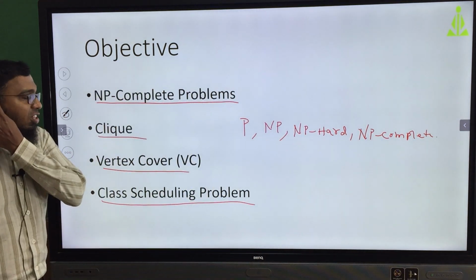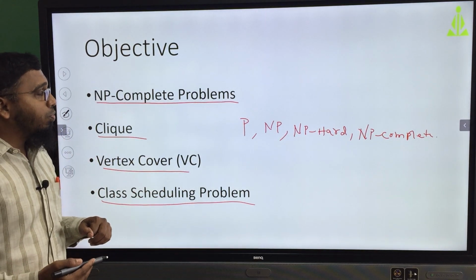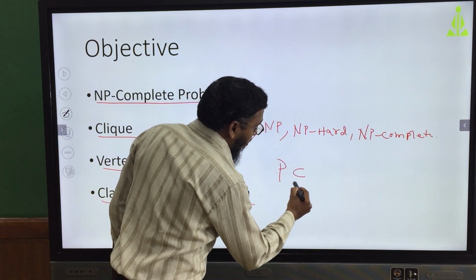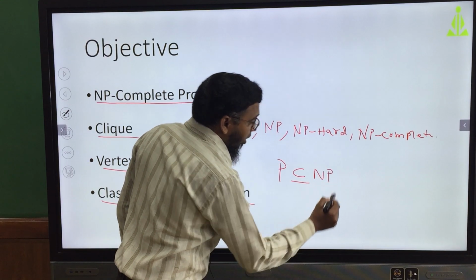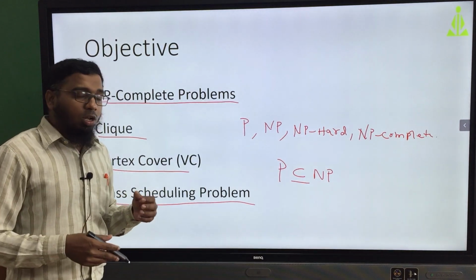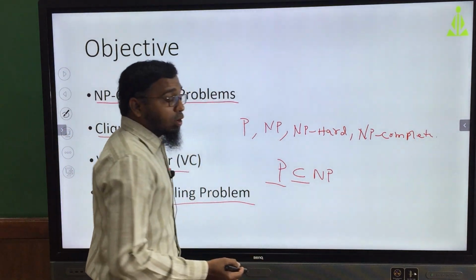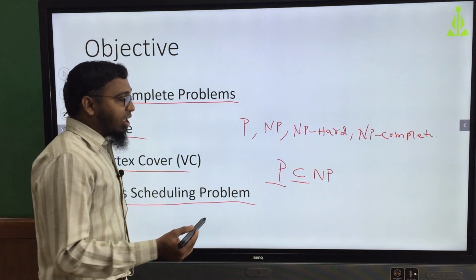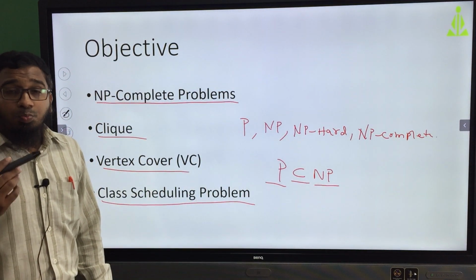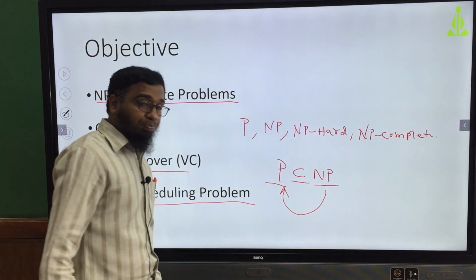These are the things we discussed, and this is the basic concept of P and NP. As I told you, P is a subset of NP. Still the research is going on. Many researchers are looking for the best time, because whatever problems we get with the help of non-deterministic polynomial time, they are trying to convert into polynomial time.